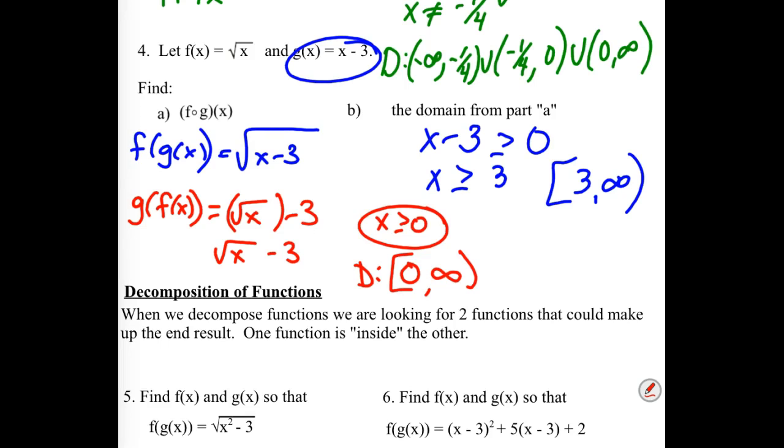Do you see the difference between them? In the first one, we were worried about restrictions on this one because that's what I was dumping in. Here, I'm looking at restrictions on this one because that's what's getting dumped in. And then any final restrictions on our answer.